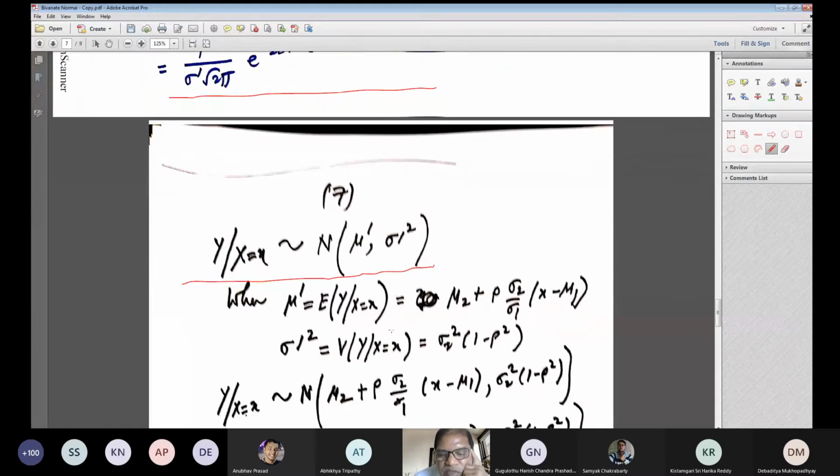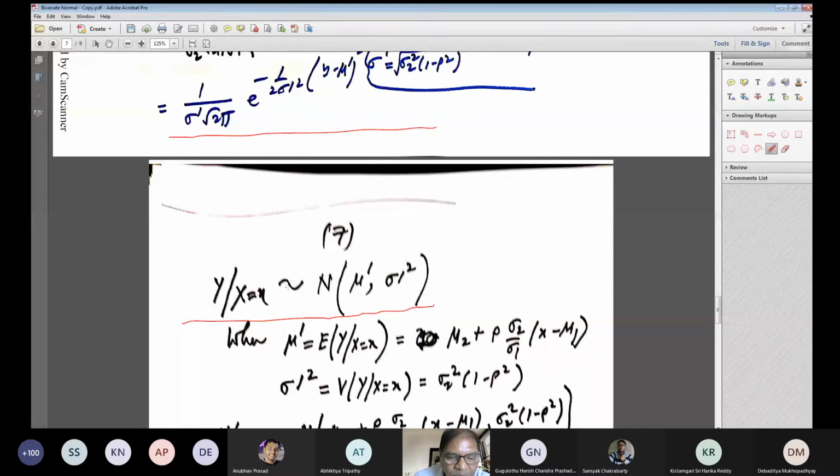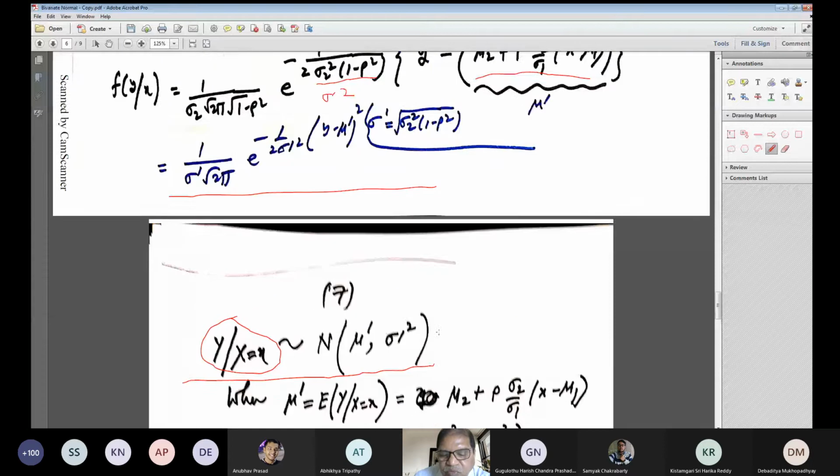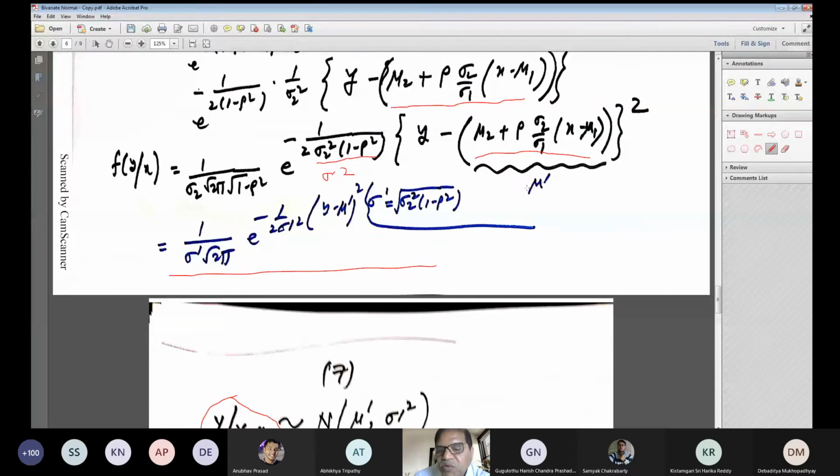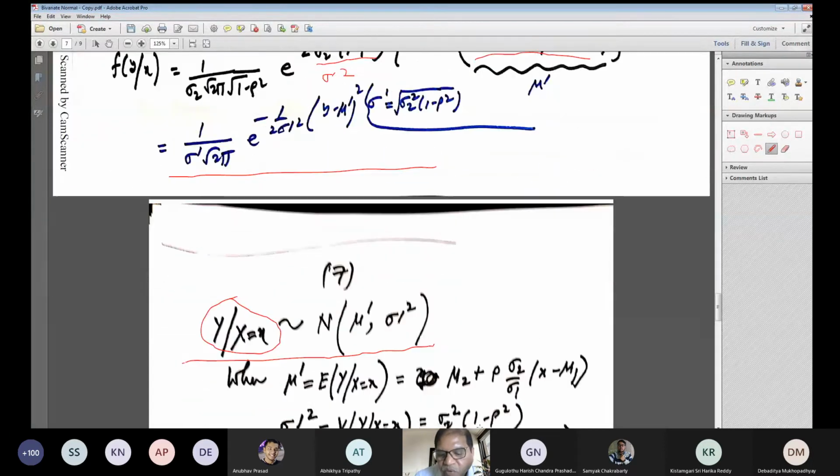And what is mu dash? As you can see, mu dash always represents the mean of the quantity under consideration. The quantity under consideration is the conditional random variable y given x equal to x. So the mean of this is mu dash, which is the expected value of y given x equal to x, which is mu2 plus rho sigma 2 by sigma 1 times x minus mu 1.